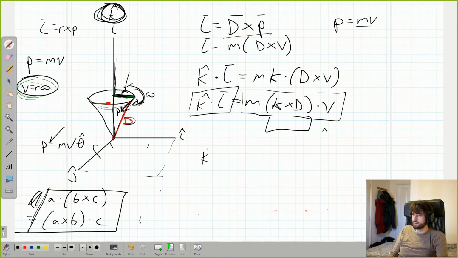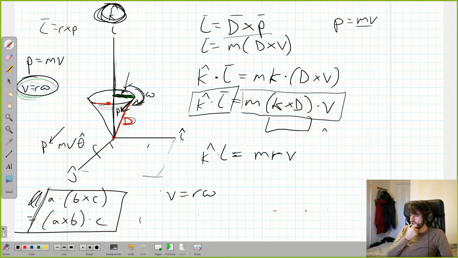So K dot L equals MRV. Now remember that V equals R omega. So this V is the same as M R omega, so M R squared omega.